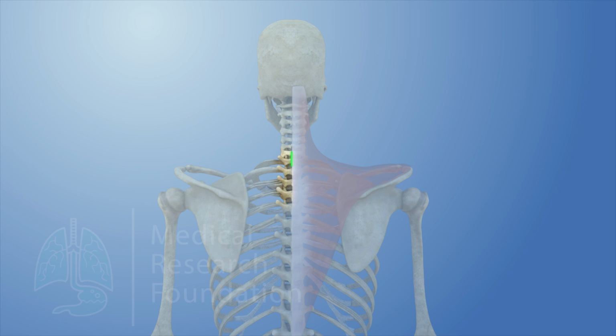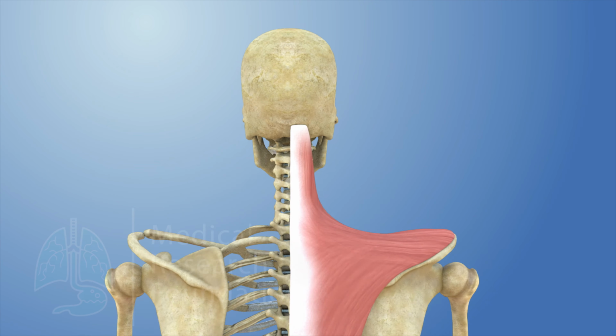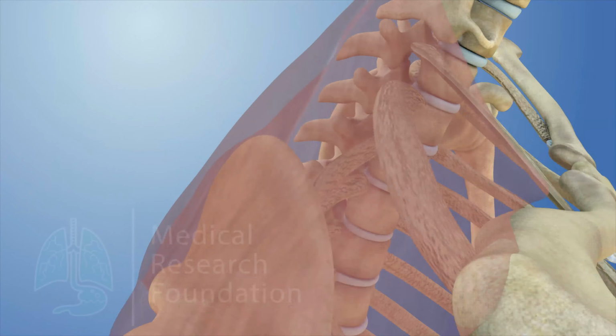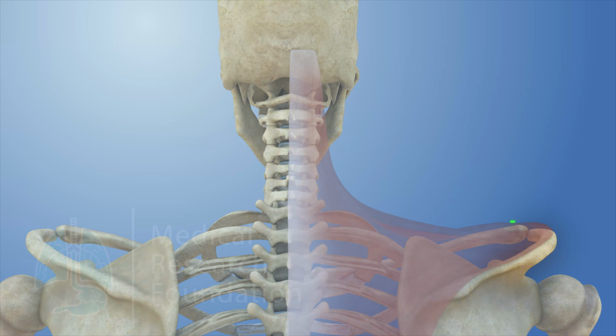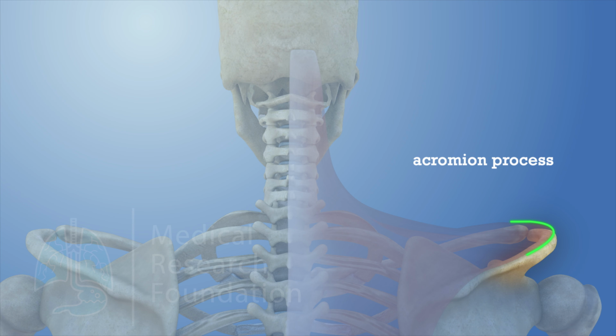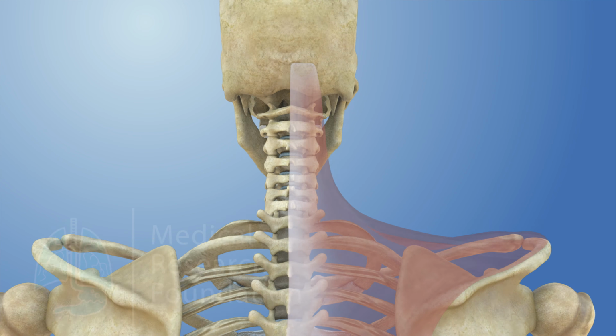Medial part originates from the C7 to T4 spinous processes. Lower part from the T5 to T12 spinous processes. Insertion. This muscle is inserted into the posterior border of the lateral 1/3 of the clavicle, the medial border of the acromion process, and the upper lip of the crest of the spine of the scapula.